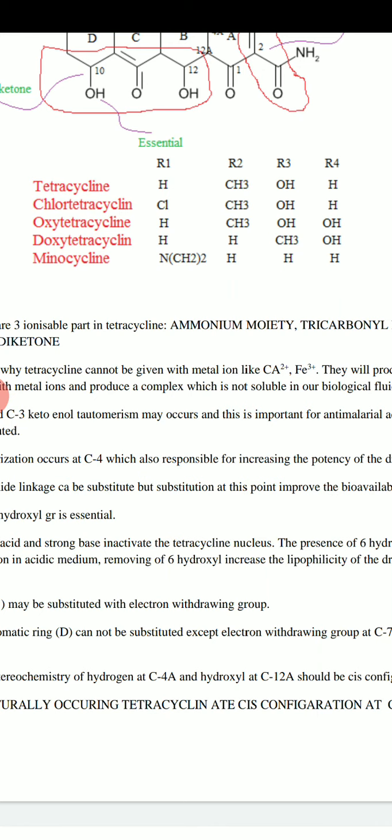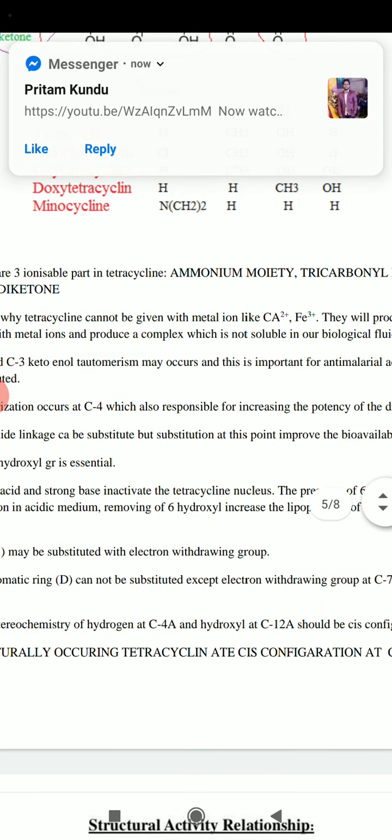Other important drugs are doxycycline and minocycline. Electron withdrawing groups like chlorine or amine must be substituted at R1, and in chlortetracycline and minocycline, they contain electron withdrawing groups. This is why they are more potent drugs. Thank you.